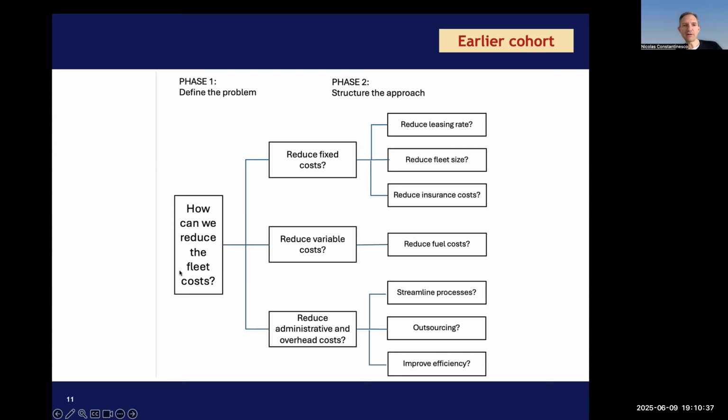Now, if we look at the breakdown of box one, the fixed cost of the fleet, I think everything looks good. Potentially, the one thing is there's a little bit of uncertainty around the leasing rate, because the lease rate is basically your monthly amount, the monthly rent on the truck.